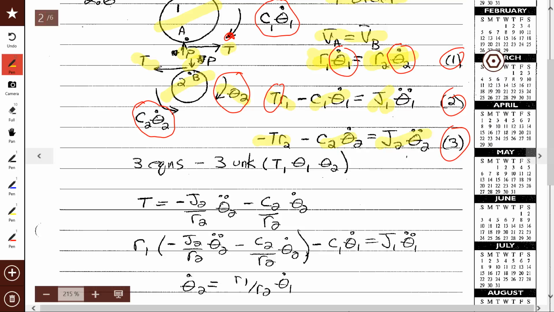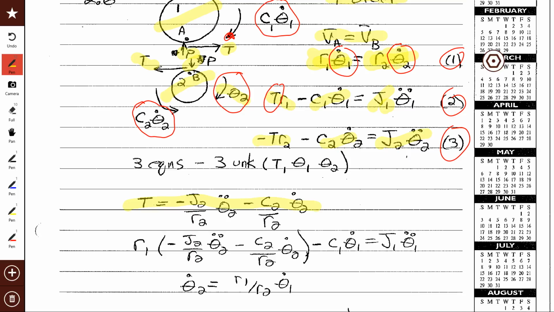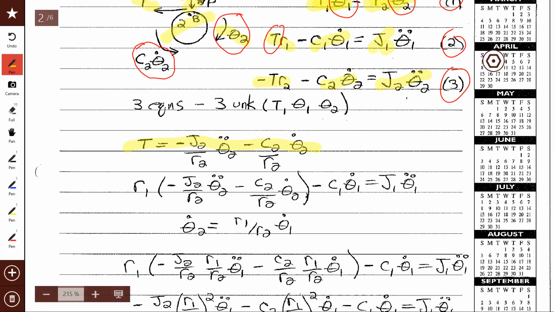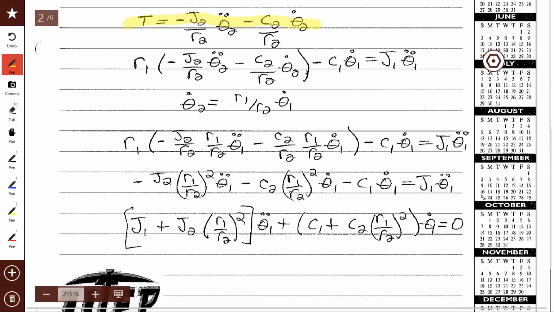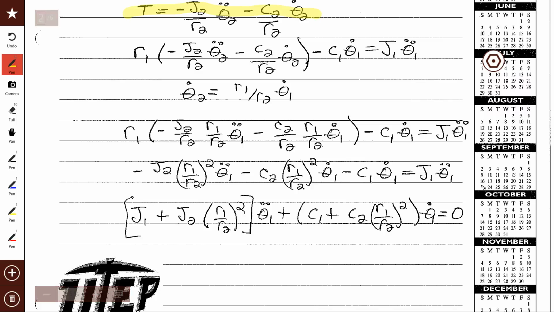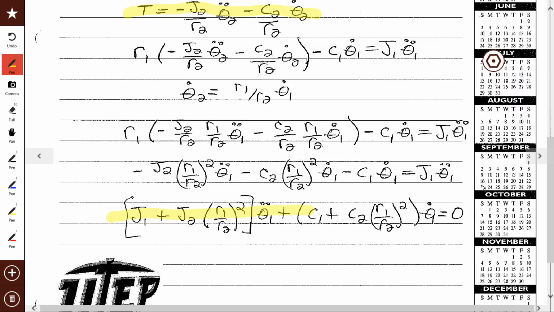I've shown that you use one equation to solve for the T. It makes no difference which one really, and then you substitute that into the second equation, and off you go. If you wanted to combine them all into one equation, it'd be easier if you just used Mathematica. But anyway, there you have it.